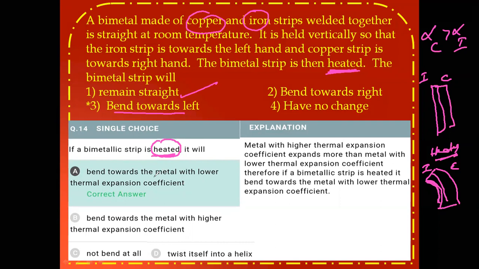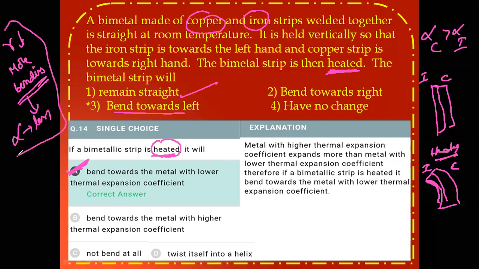Students will feel it is difficult to understand this, so if you understand the earlier point I said, that if the radius is less it has more bending nature, then more bending nature means the alpha value should be less.